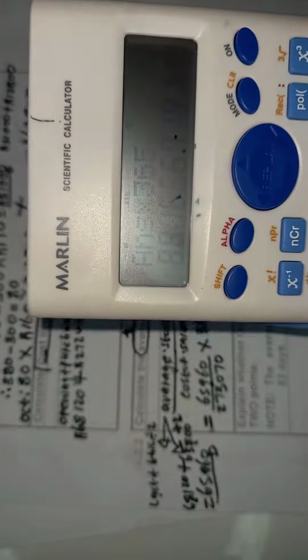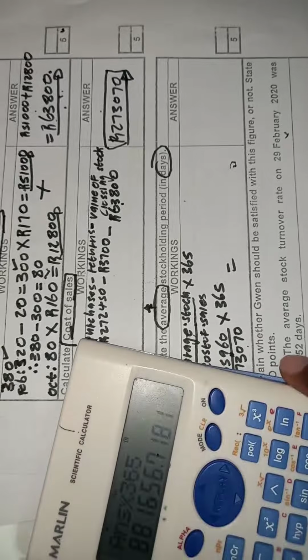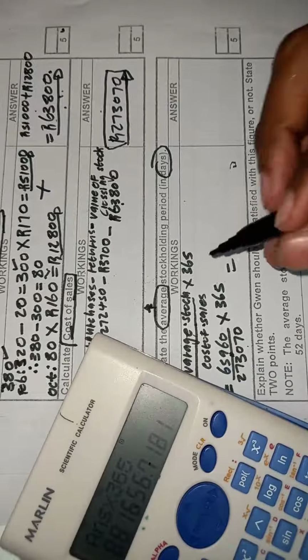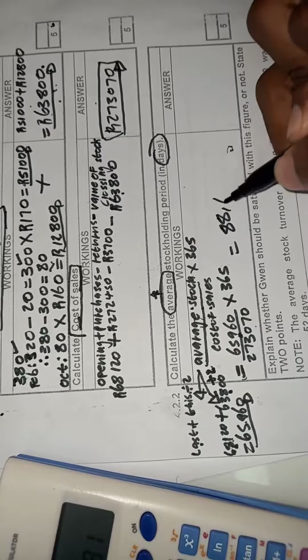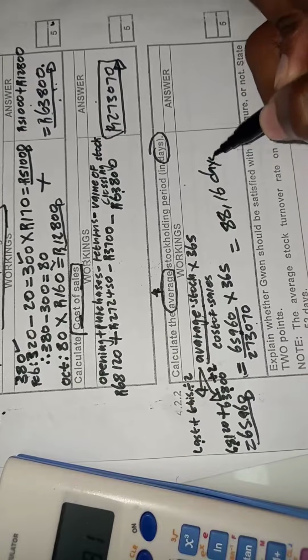It's 65,960 divide by 273,070, times 365 days. So we got a stock holding period of 88.16 days. Write that down. The stock holding period is 88.16 days. That's your answer.